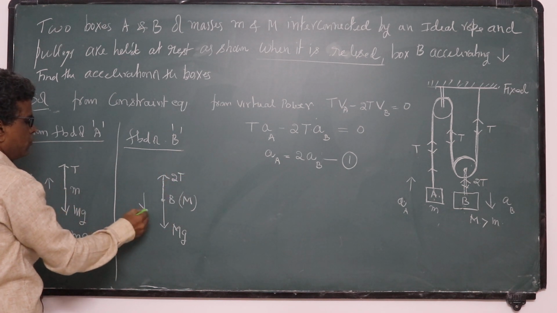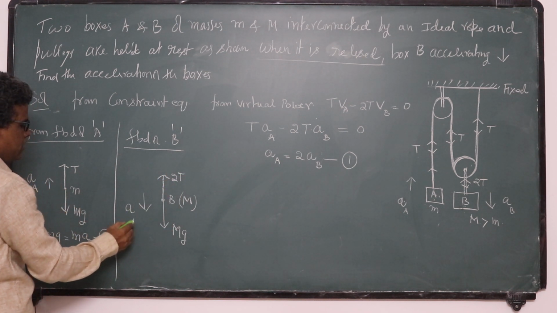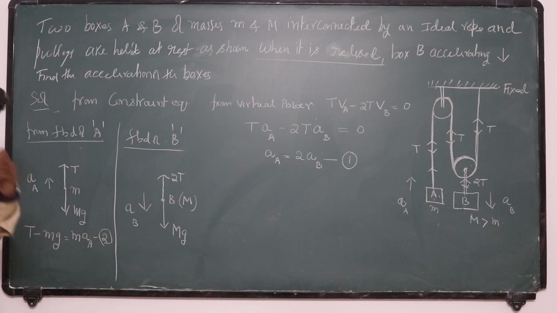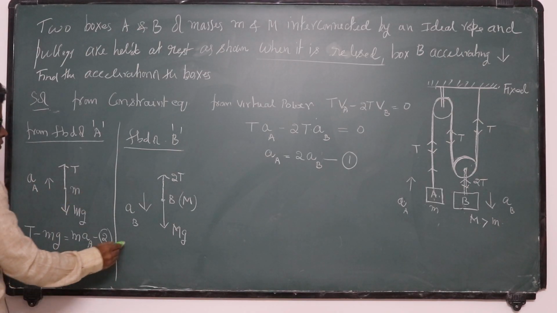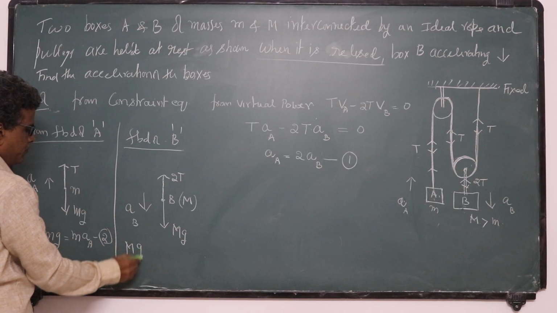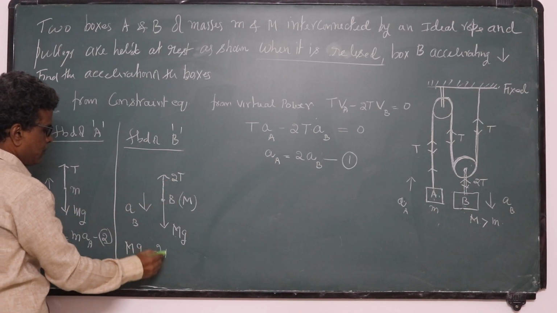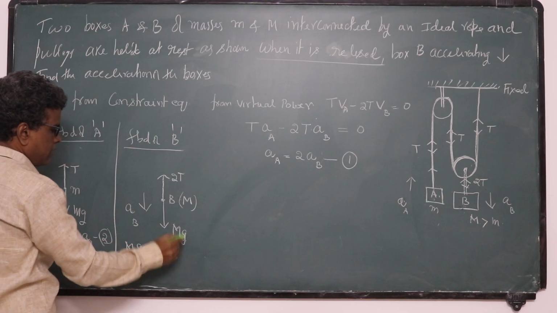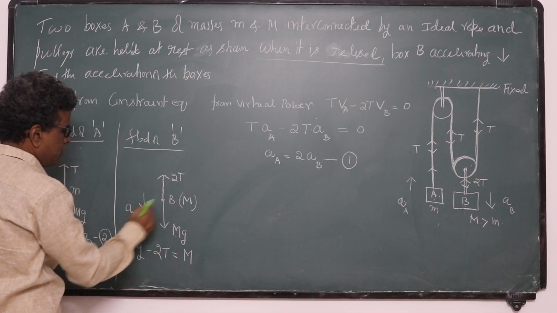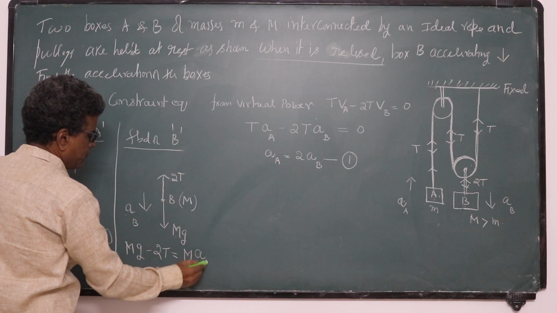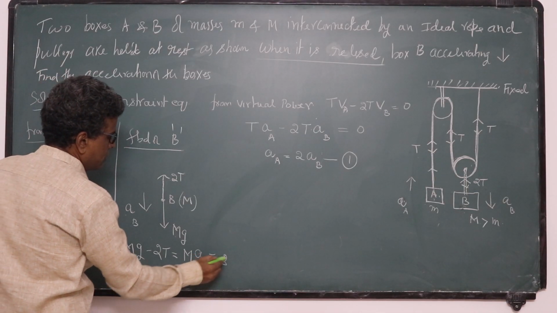Overall, this box is moving down with an acceleration aB. So apply Newton's laws here: Mg minus 2T is equal to capital M into acceleration of B. This is equation 3.